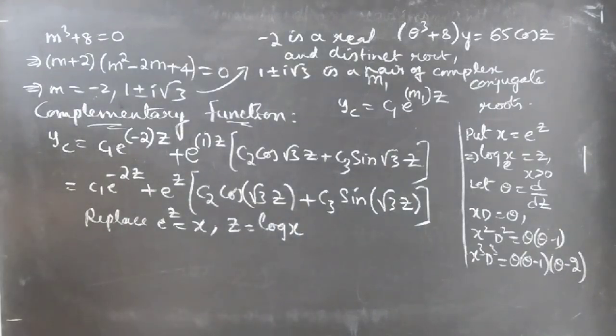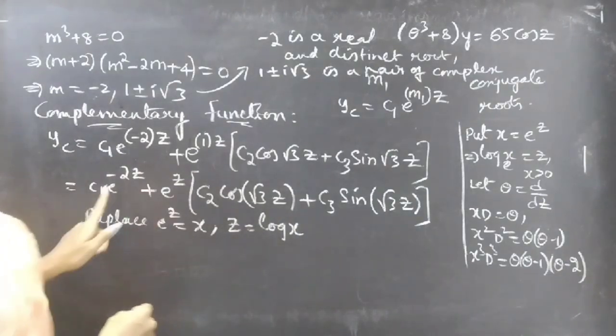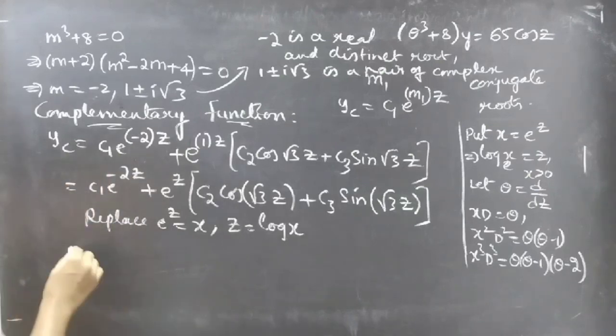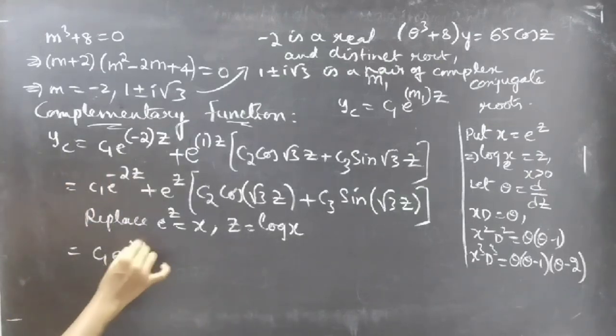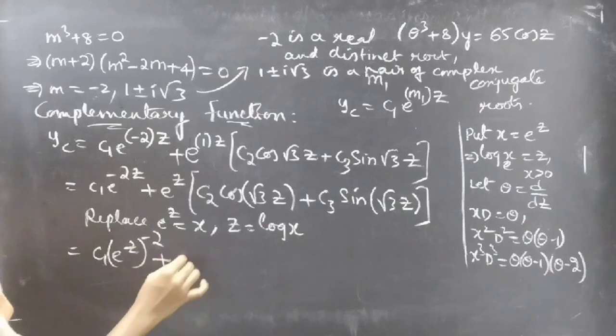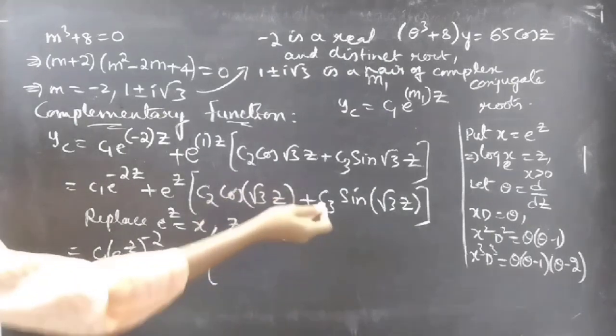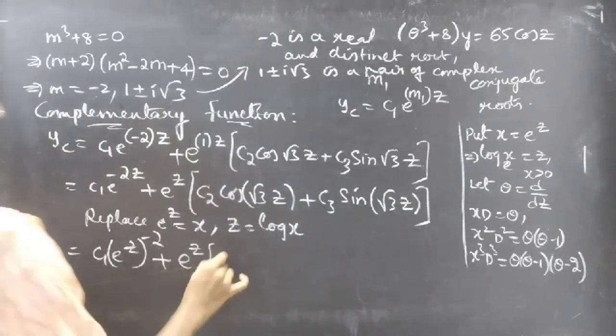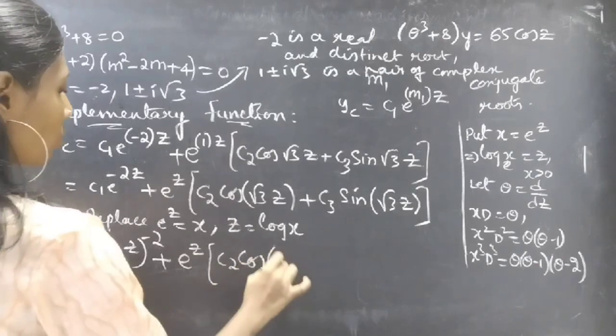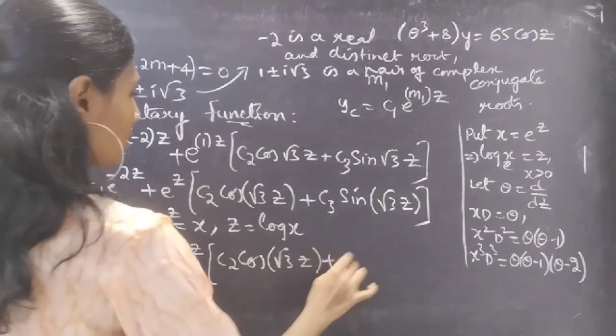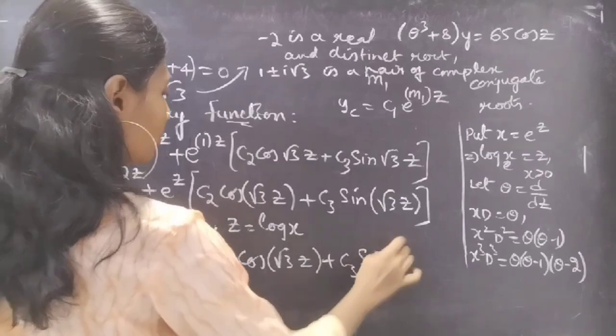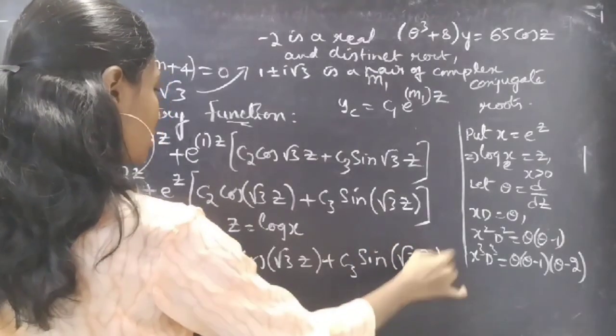Before replacing e^z by x, we'll write e^(-2z) as (e^z)^(-2). The remaining we'll just write as it is, c2 cos √3z + c3 sin √3z.